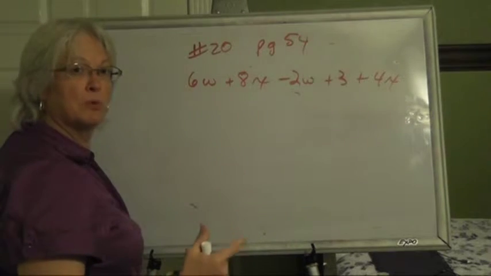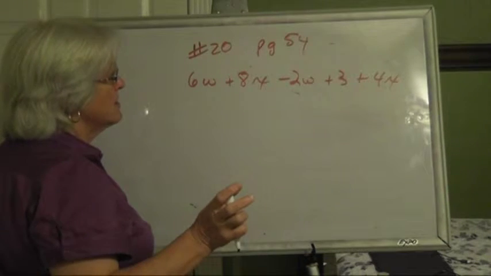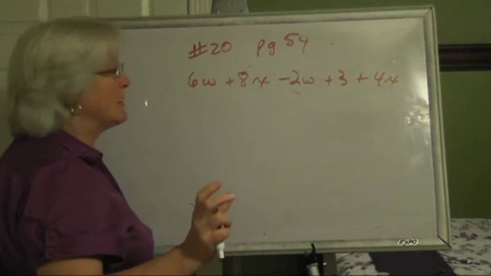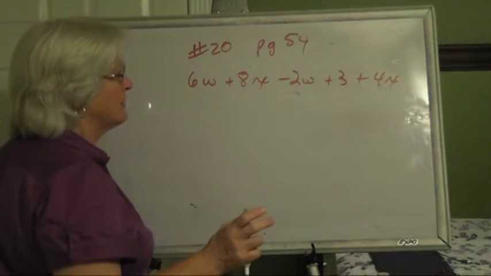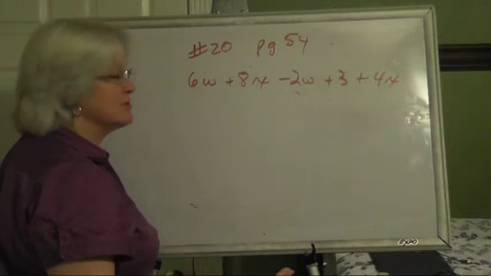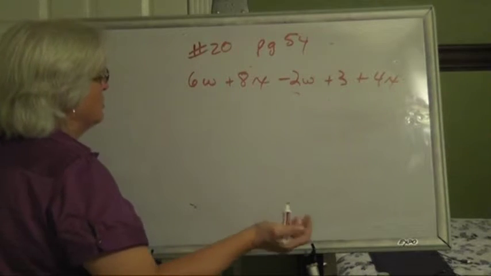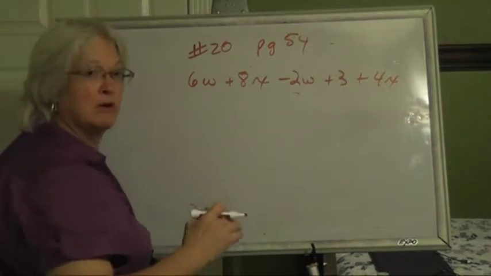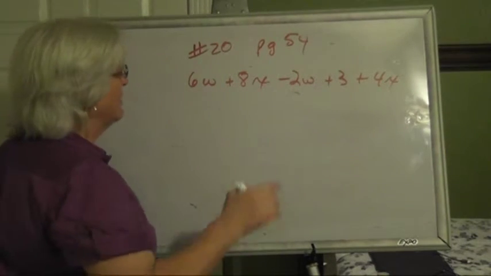Our commutative property tells us that we can flip-flop around the order in which we add numbers without changing the value of the result. So you could say, okay, I'm going to group together all of my terms that are the same, all of my like variables.